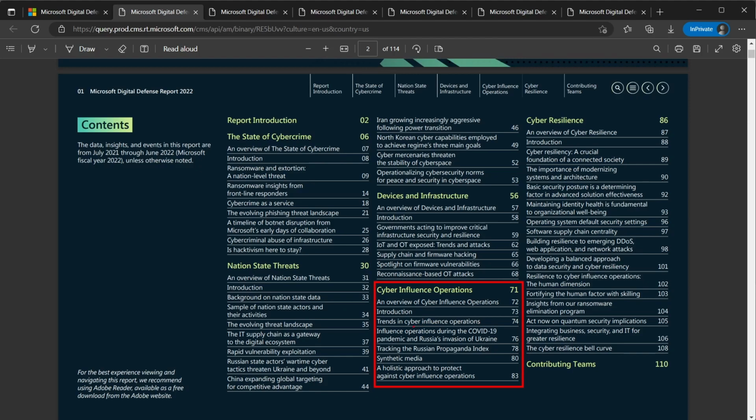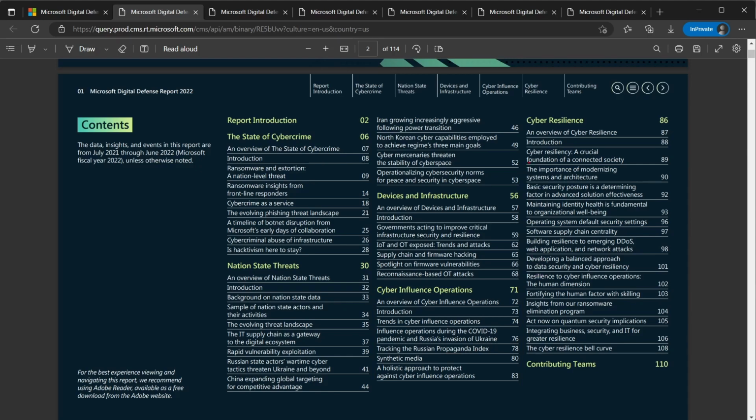It's looking at cyber influence operations, and how cyber is being utilized to drive public opinion or even propaganda across the world, or even topics that are top of mind for cybersecurity experts like you and I, which is synthetic media. What's the growth of that? What does that mean for cybersecurity in the coming years?